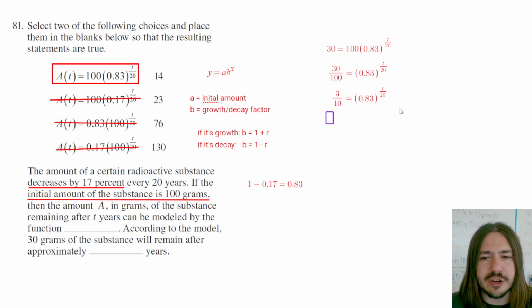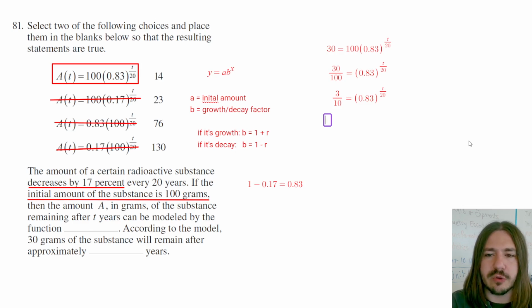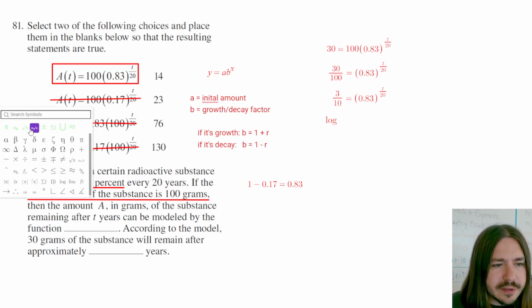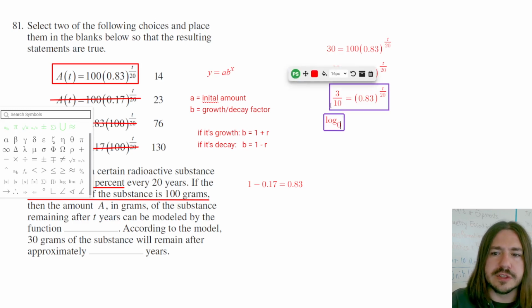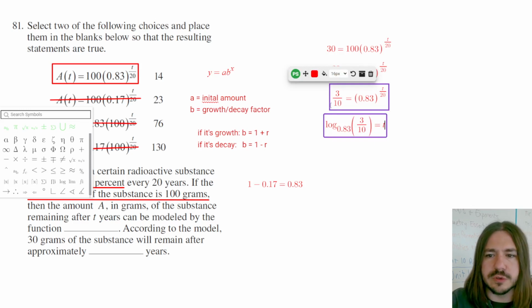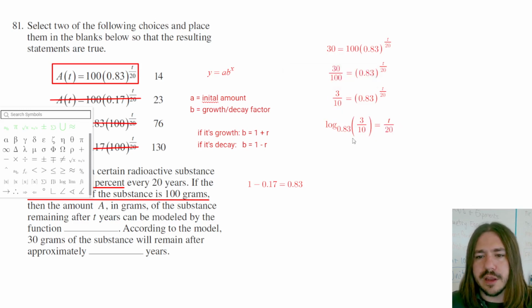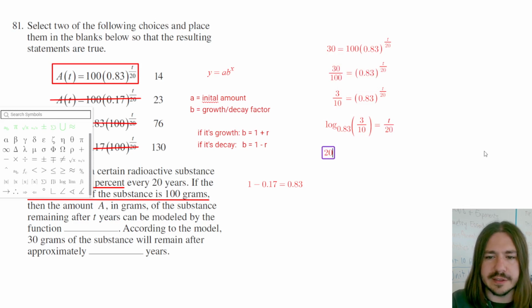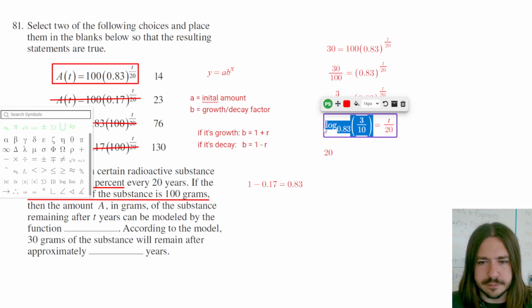If you don't know how to solve this, you're probably better off just plugging in the answers anyway, but I do want to show you algebraically how you get there. So it'd be log base 0.83 of 3/10 is equal to T over 20. And then I would multiply both sides by 20 to isolate the T.